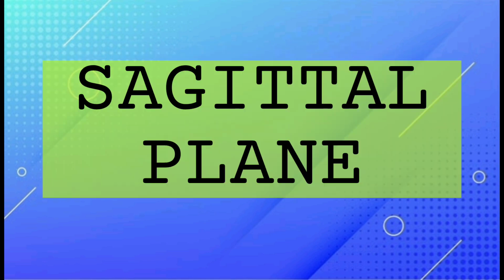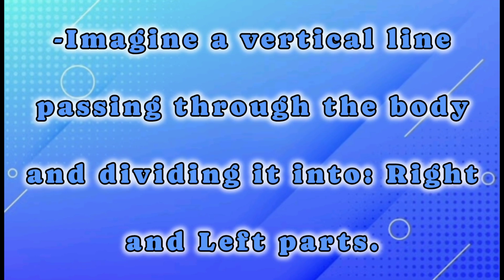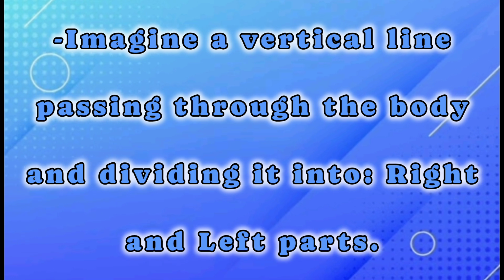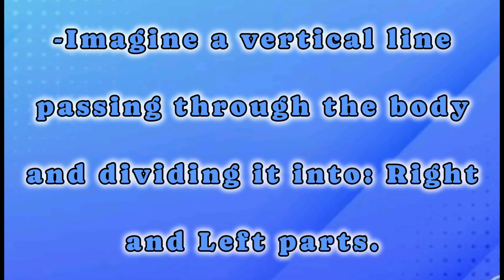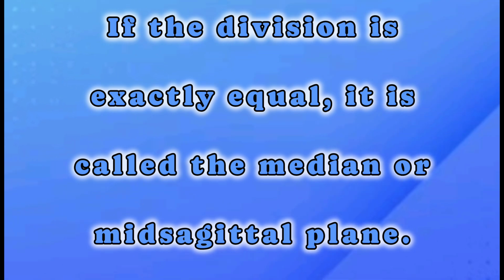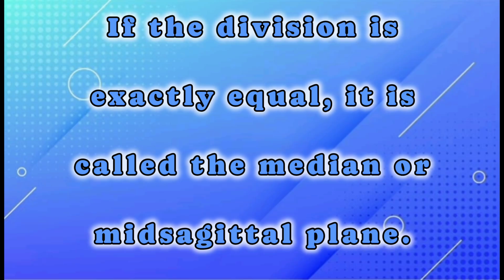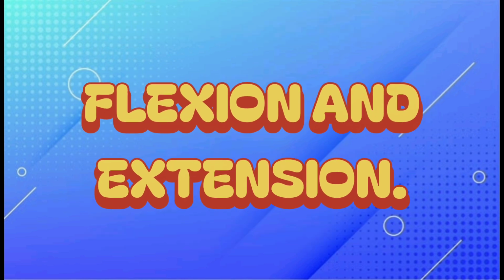First is the sagittal plane. Imagine a vertical line passing through the body and dividing it into right and left parts. If the division is exactly equal, it is called the median or mid-sagittal plane. The main movements that occur in a sagittal plane are flexion and extension.